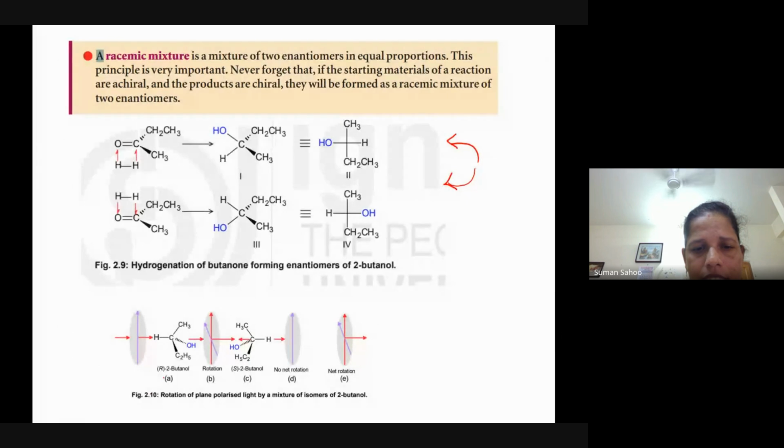In our 2-butanol example, R-2-butanol will rotate the plane polarized light in this direction, and S-2-butanol will rotate it in the opposite direction. So there would be no net rotation.